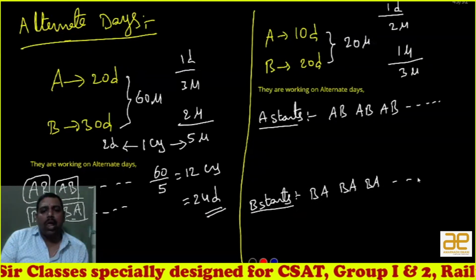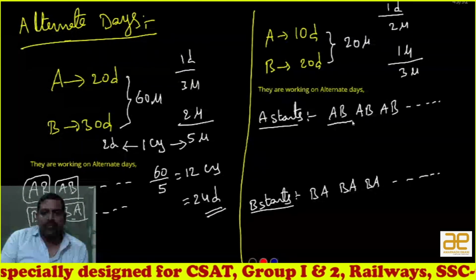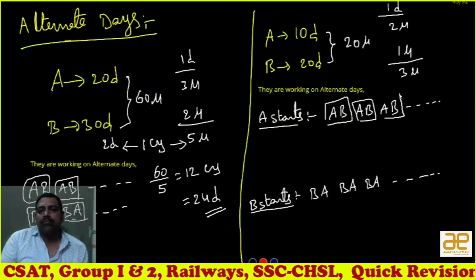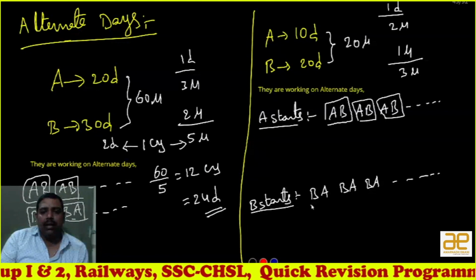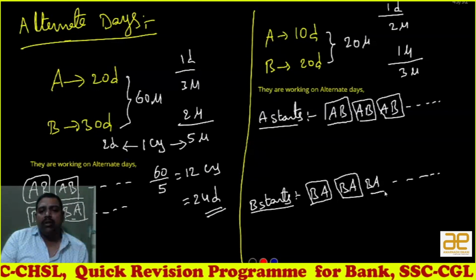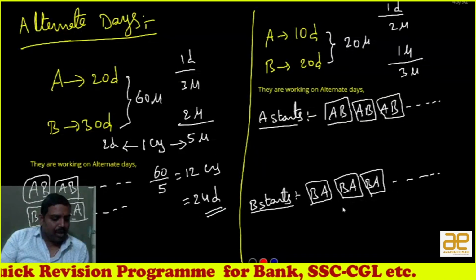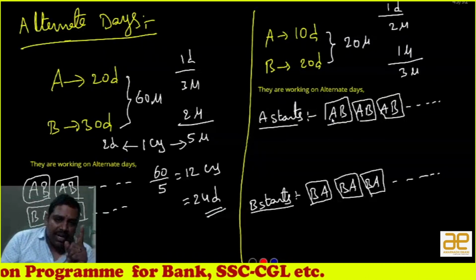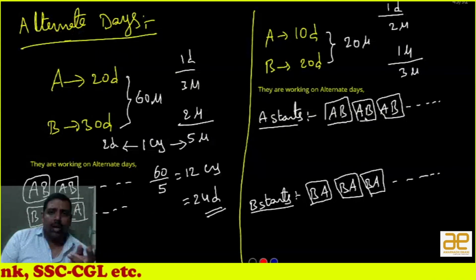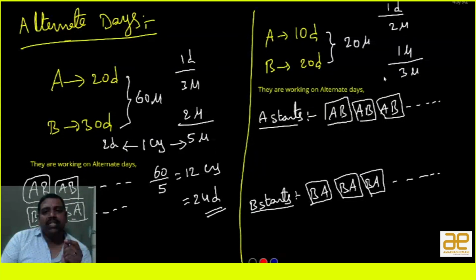Anyhow, this AB, AB, AB repeating, I will call it one cycle. Here BA, BA, BA, and so on, this is also known as a cycle. One cycle means one day's A work and one day's B work. Here also one day's B work and one day's A work. They both have to work for one day.